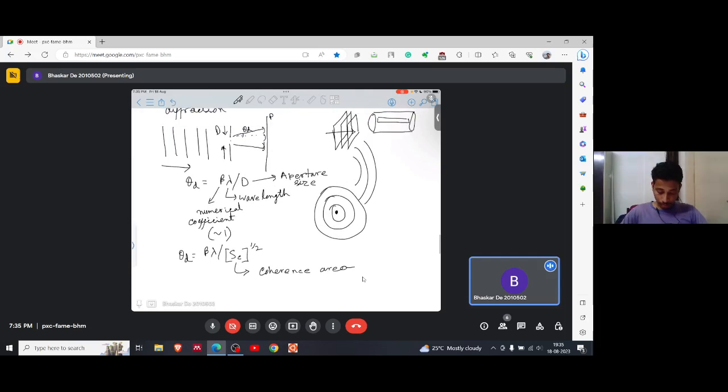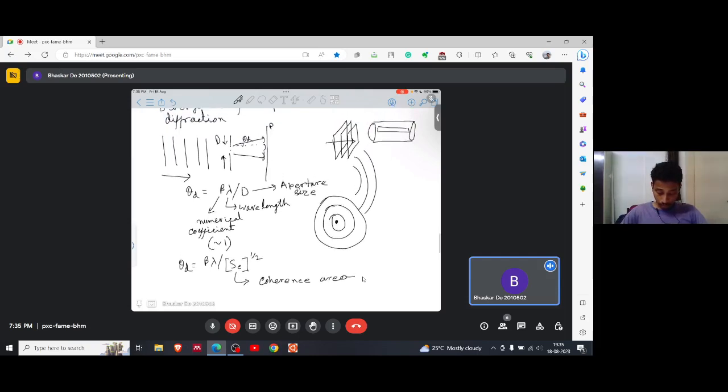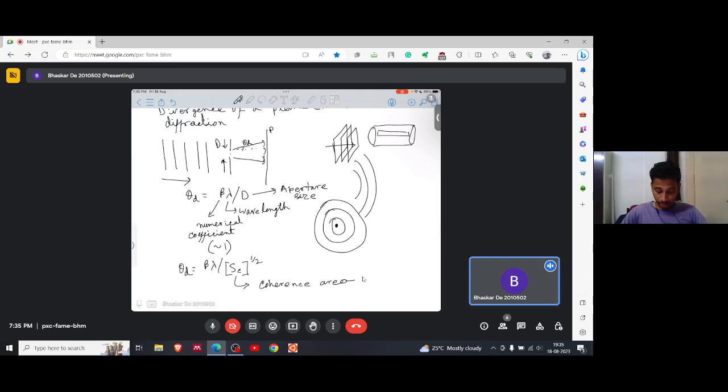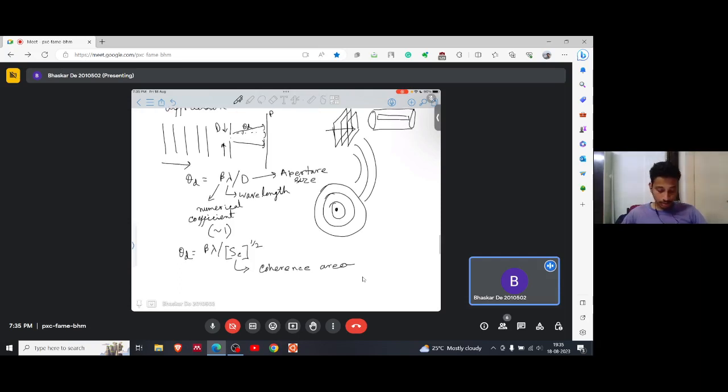D is the diameter of the aperture, and Sc is the coherence area, so D is basically the square root of Sc.